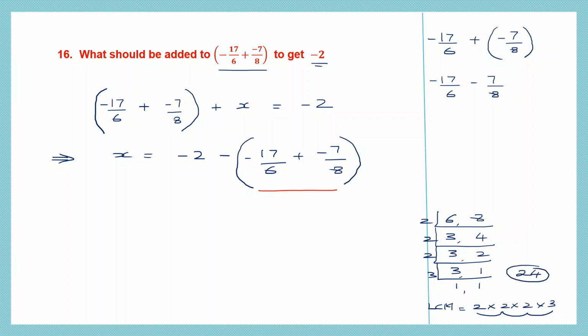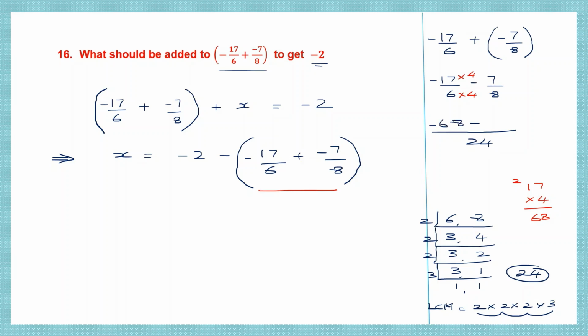Let's use 24 here. So 24. Now 6 into 4, 6 4s are 24. So minus 17 into 4. Let's multiply 17 into 4 and see how much that is. 7 4s are 28, carry 2, 4 1s are 4, 5, 6. So this is minus 68.